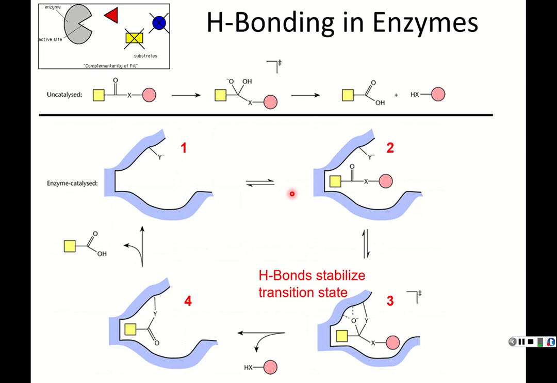Another biochemical example of where hydrogen bonds are important is in enzymes. Remember, enzymes are proteins that catalyze reactions. In this generic enzyme, we have an active site, and that's where a molecule comes in.